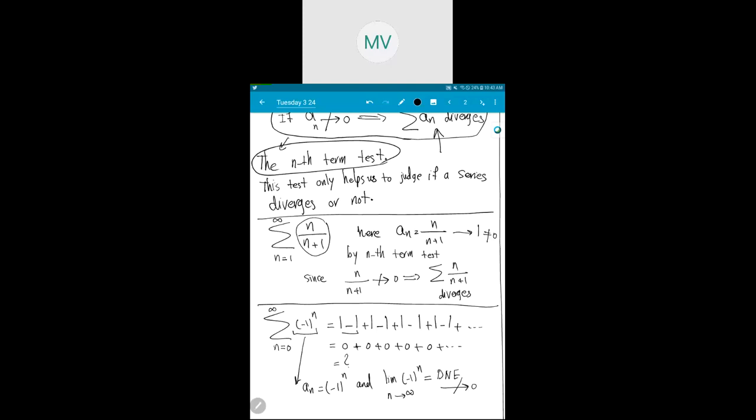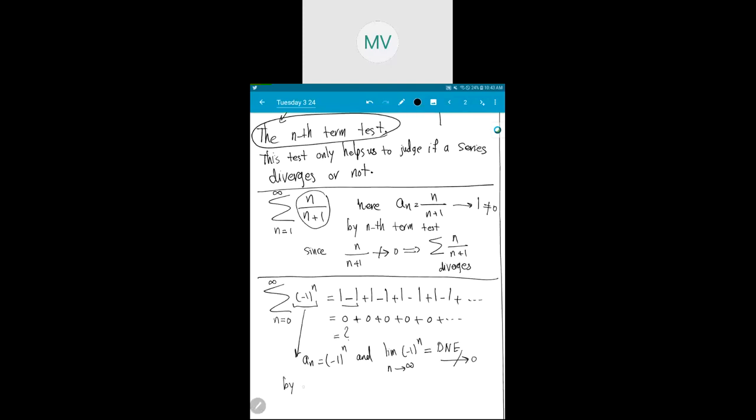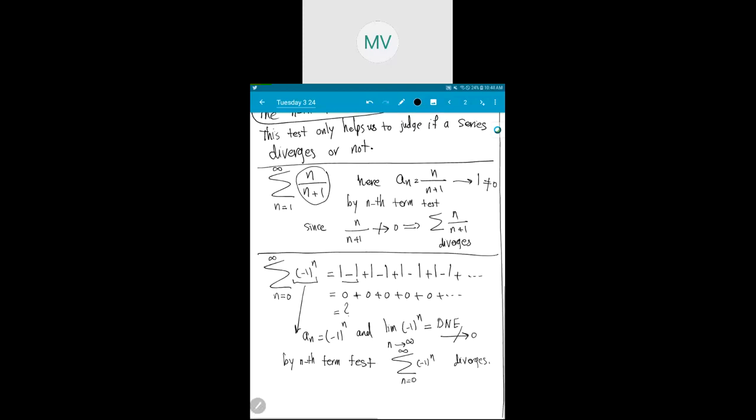Since that doesn't go to 0, that tells us by nth term test, sum of negative 1 to the n, from 1 to infinity or 0 to infinity, diverges. Right? All right.